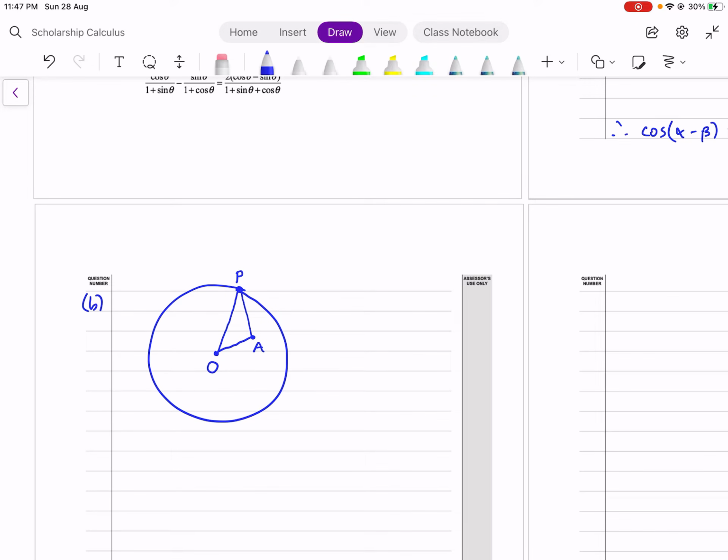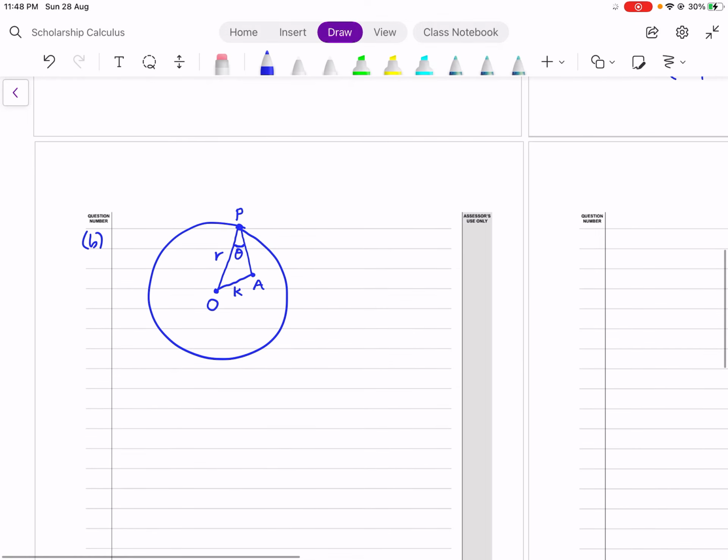Okay, what I do know is OA is a constant, so we'll call it K. A is not moving, it's a fixed point inside the circle, and we know that OP is just the radius of the circle, so that's also a constant. And we want to maximize this angle up here, which I'm going to call theta.